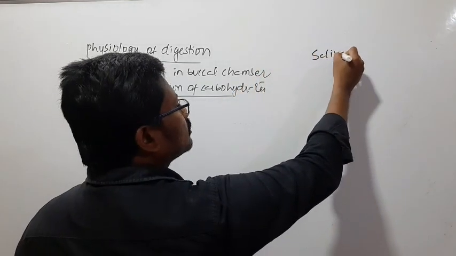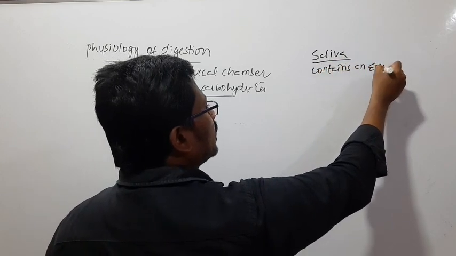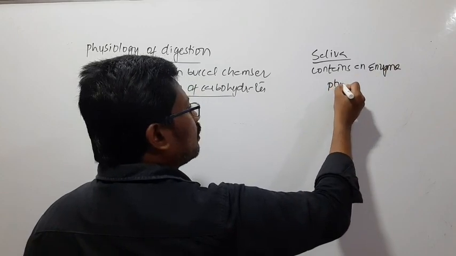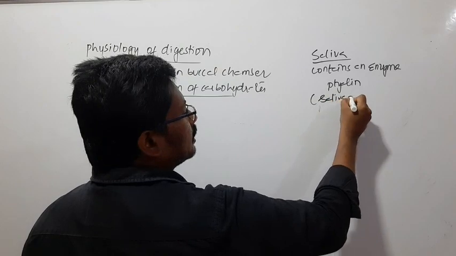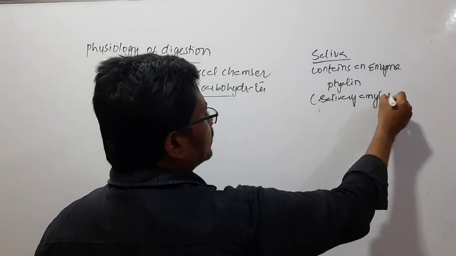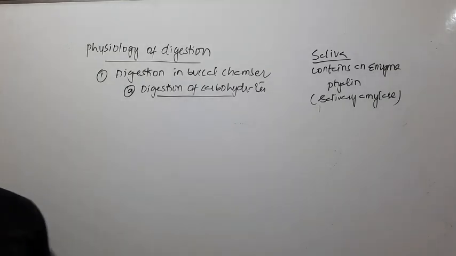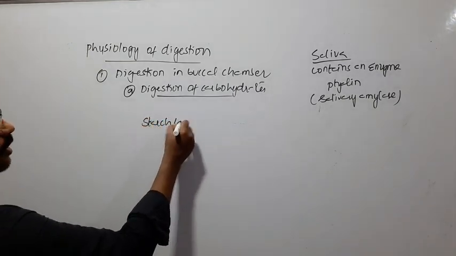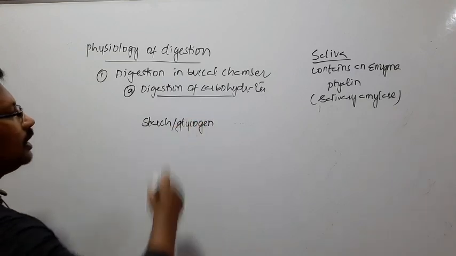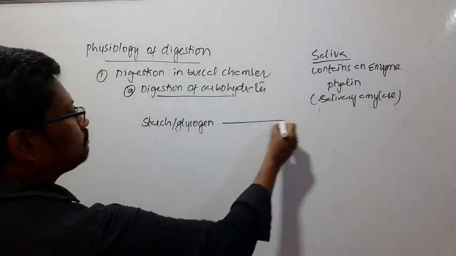So we call it salivary amylase. This salivary amylase acts on carbohydrate substances, on the starch or glycogen.